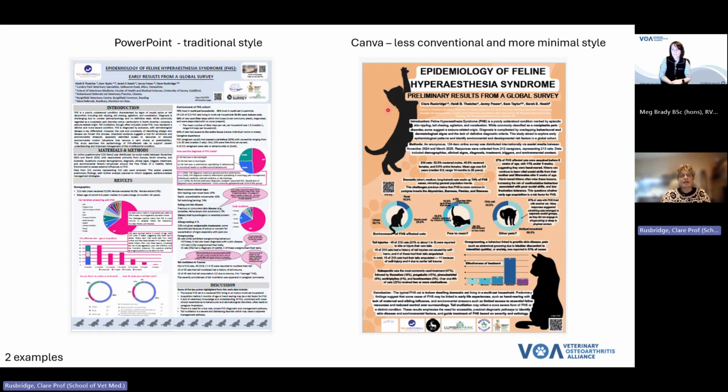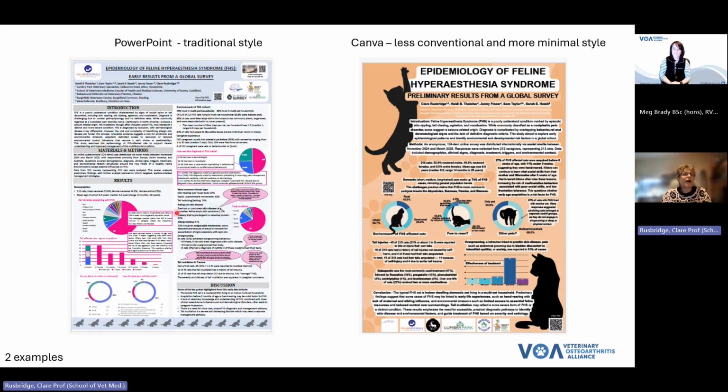The other nice thing about Canva is that your complementary colors come up automatically. If you put a figure in, for example, that's got orange and blue, then it will automatically offer you the orange and blue to match it so that it looks aesthetically pleasing.